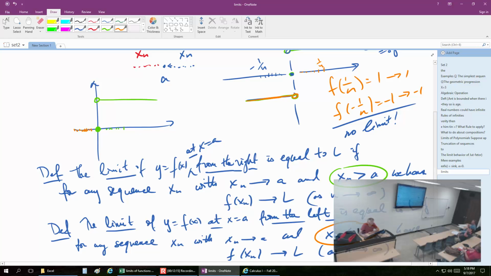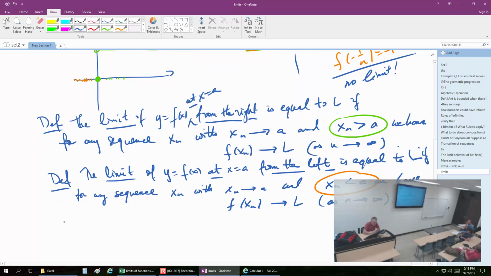So based on this, let me write the notation first. The notation is the limit of f of x as x goes to a plus, with the little plus put as a superscript, if x is close to a but larger than a.